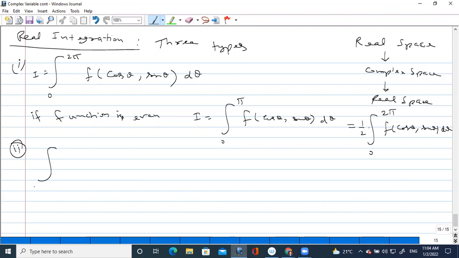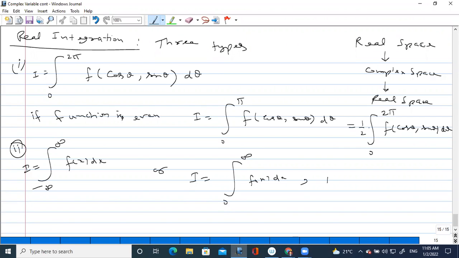Second type of problems will be the integral from minus infinity to infinity of f(x) dx. So this type of problem we also have to solve. Or the third type can be the integral from 0 to infinity of f(x) dx.